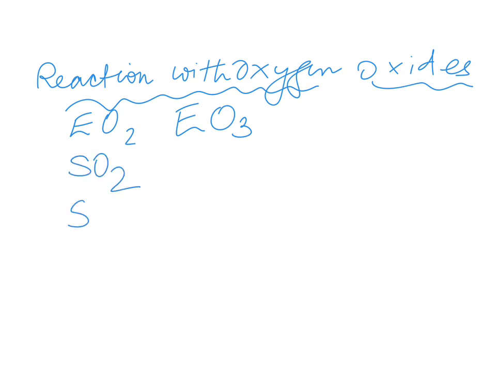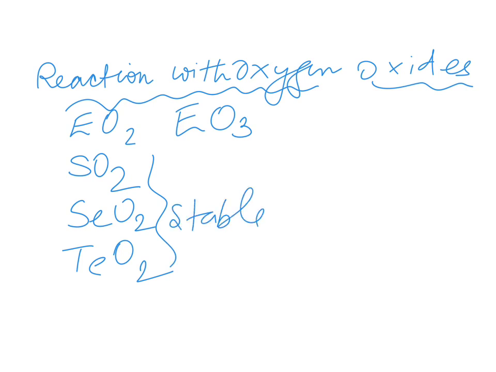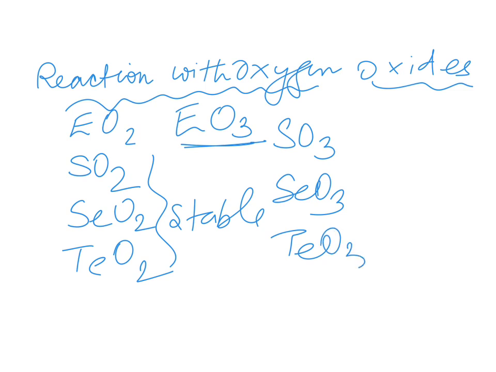Sulfur will form sulfur dioxide, selenium dioxide, tellurium dioxide, and these are the stable oxides. And if it forms the type EO3, then it will form SO3, SeO3 and TeO3. What you see here is that these two are unstable.